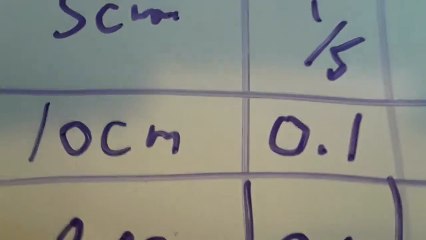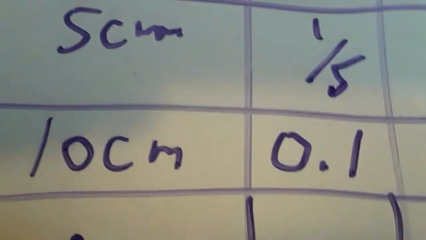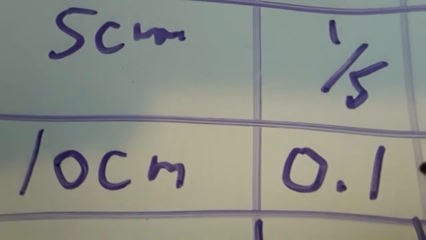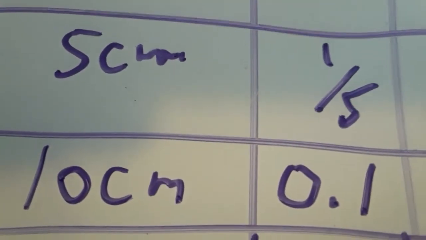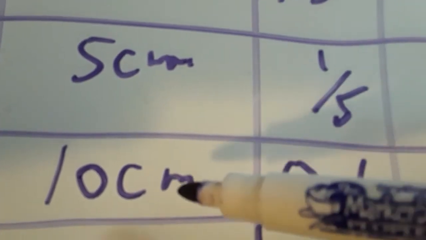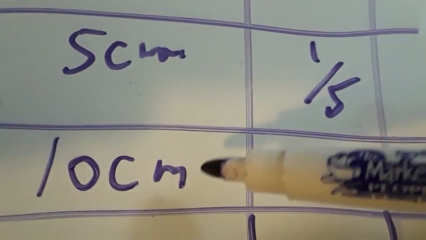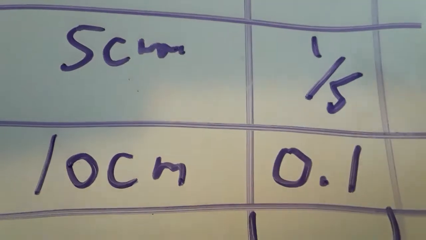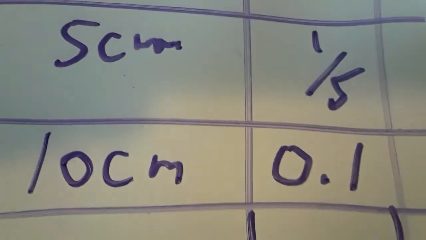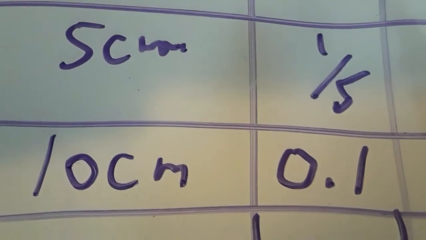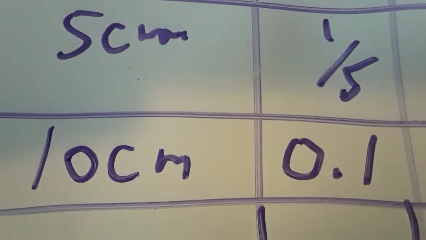So in this case, you can see the scale factor is 1/10. So the length of the copy is going to be 1/10 of the length of the original. If you're on top of your game, you can probably do this without dividing and come up with the fact that the length of the original is 100.